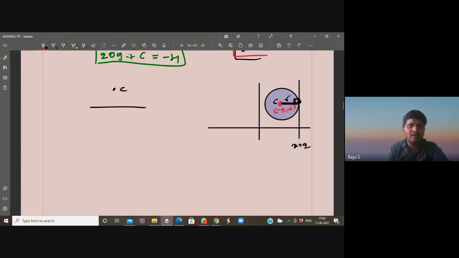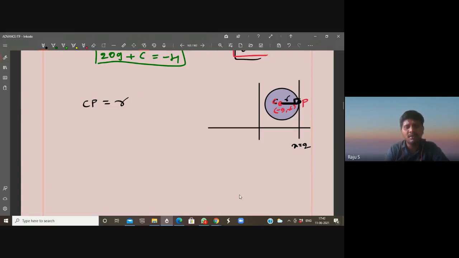The perpendicular distance from the center to the tangent x is equal to 2 is given by the radius. If I take this point as P, center as C, then shall I take CP is equal to R? Yeah, distance from C to P, perpendicular distance.